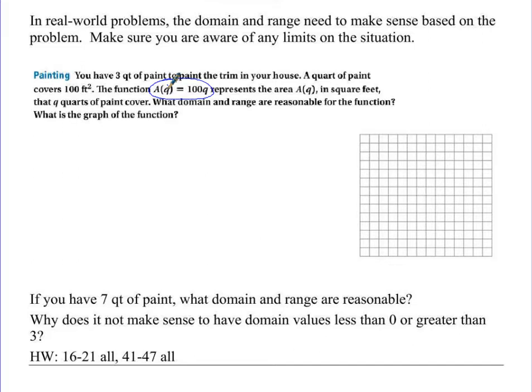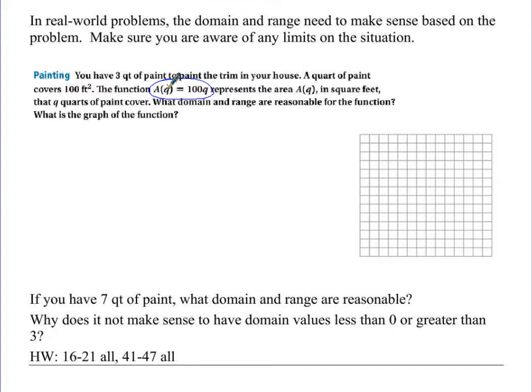So what domain makes sense? How much can I paint? Can I paint 0 quarts? No. Can I paint more than 0 quarts? Yeah. How many quarts can I use? As many as I want. Can I paint with 28 quarts?